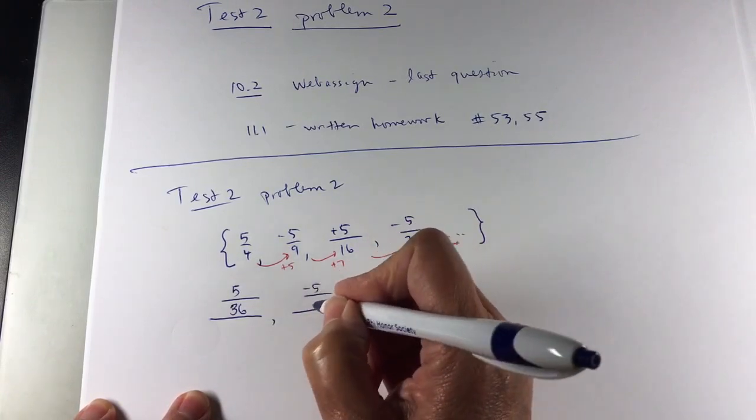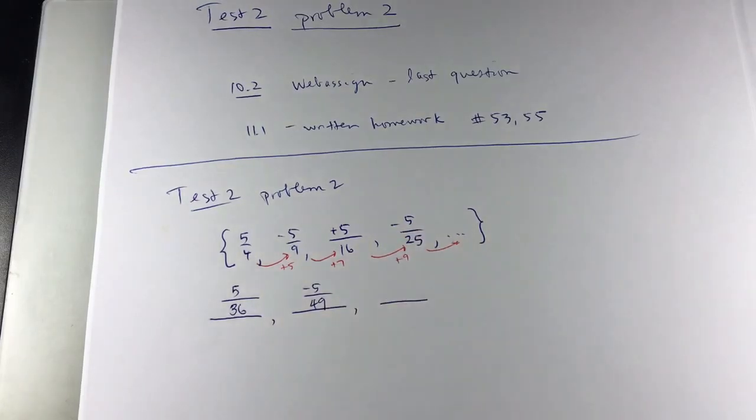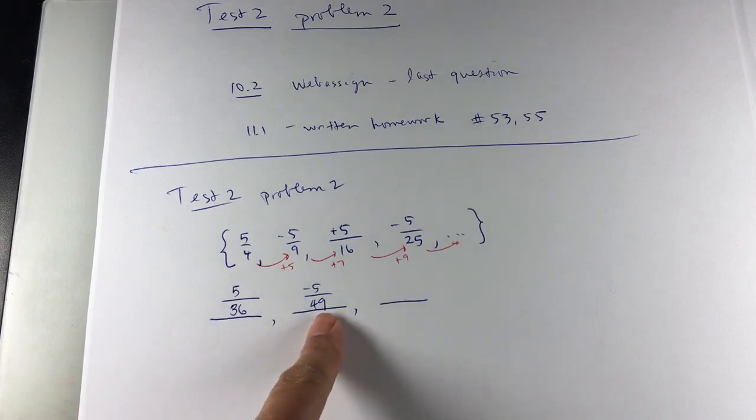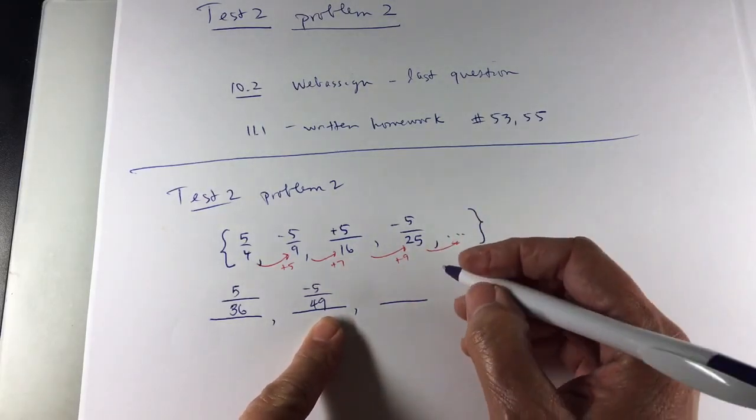Negative 5 over 49. Did anybody see a different pattern for the denominator? N plus 1 squared. It's the squared numbers. 2 squared, 3 squared, 4 squared, 5 squared, 6 squared, 7 squared. The next one, if I use, both patterns work, by the way.